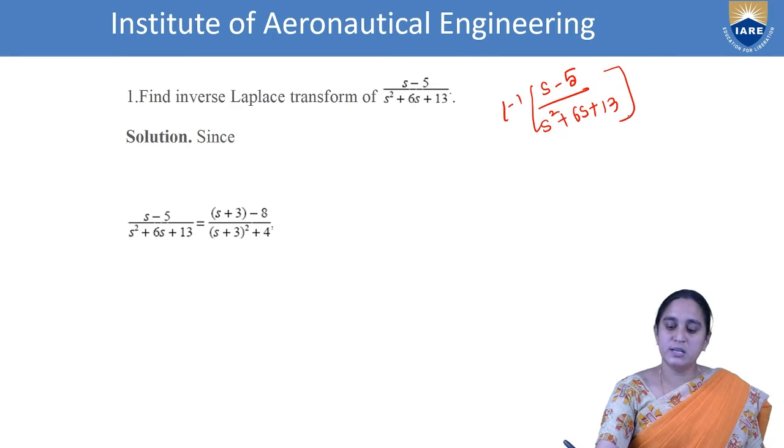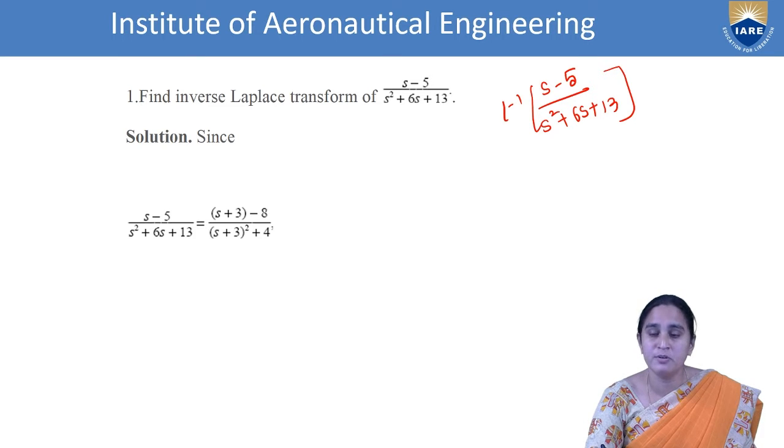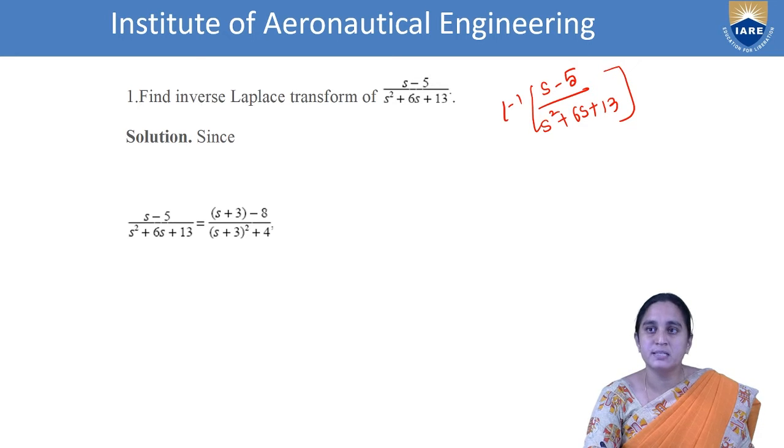How are we using the first shifting theorem here? Is there any condition in the question? They have not given any condition. It is directly given in the form of find the inverse Laplace transform.